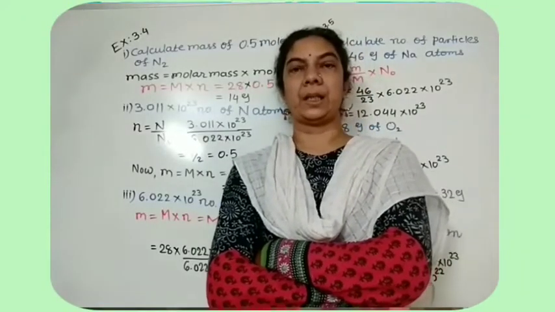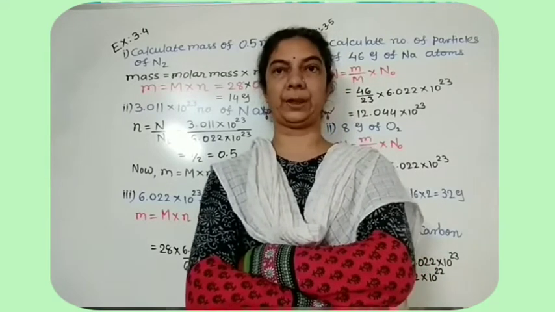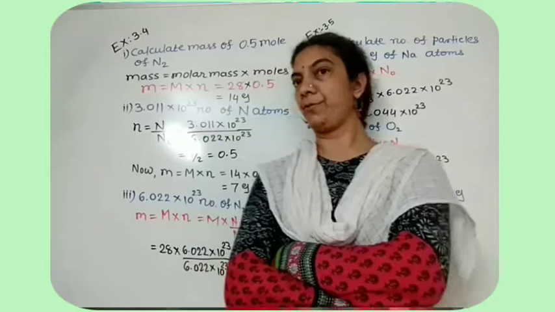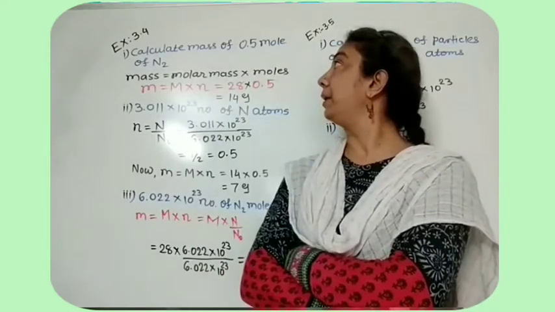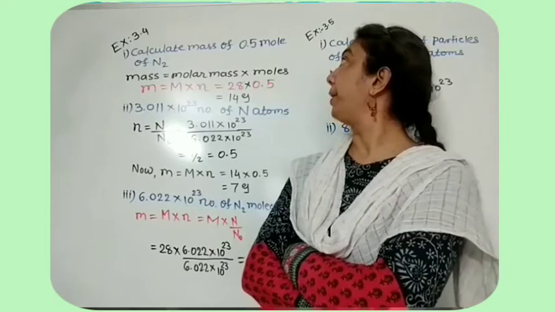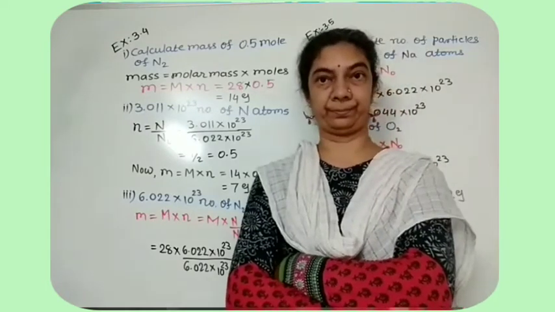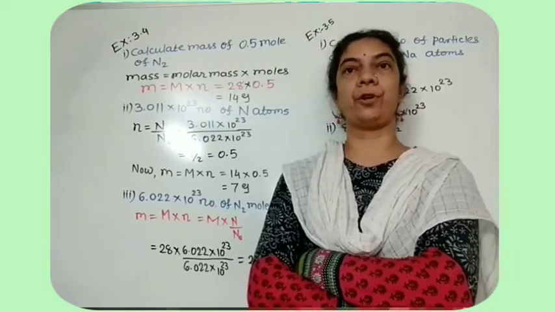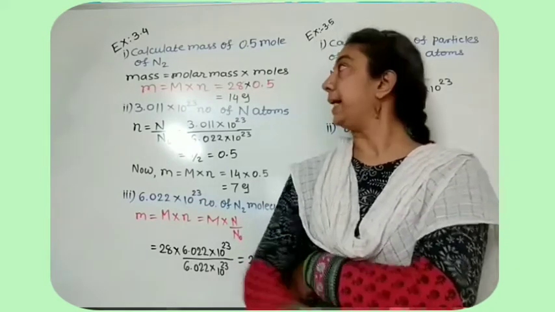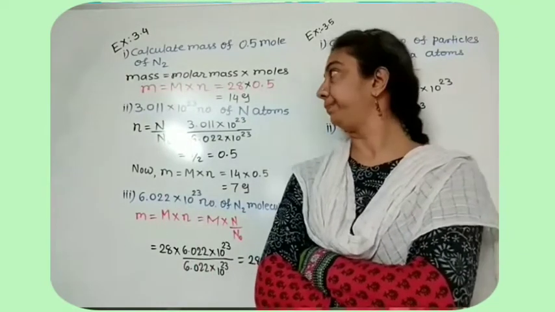Now let us discuss numericals based on the moles. First of all, it is given: calculate the mass of 0.5 mole of N2. N stands for nitrogen and N2 means the molecule of nitrogen.